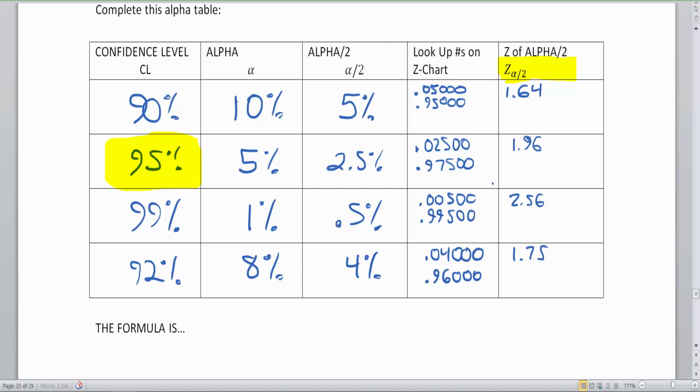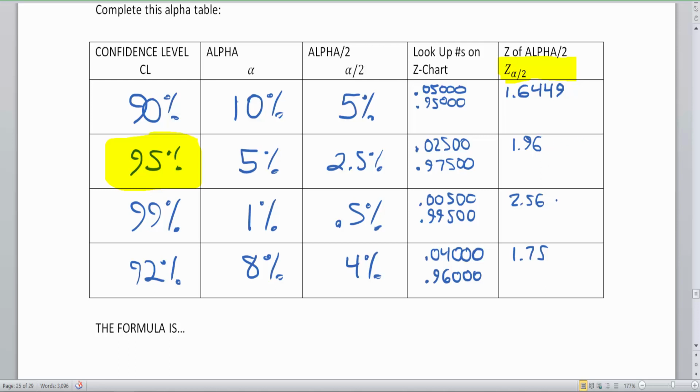So this is 1.75. Now what I'd like to do is give you a couple more decimals. These are the ones we're going to use for the semester. So add a 49 to this, because my Z chart only goes to 2 decimals. I'm adding these 2 decimals here because this will give you a more accurate answer. Now, don't add any more decimals here because 1.96 would just be zeros.